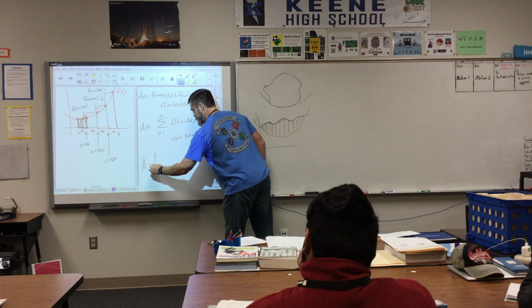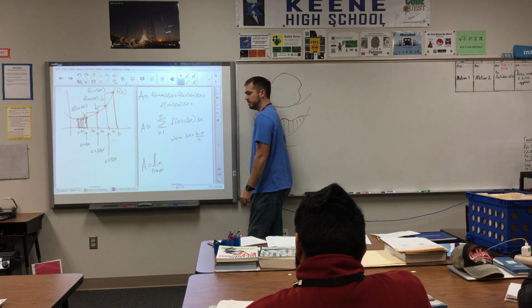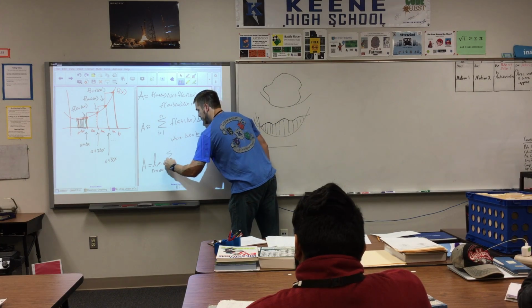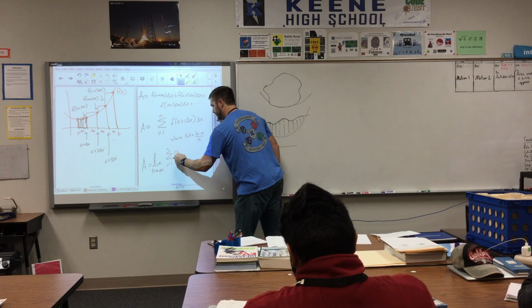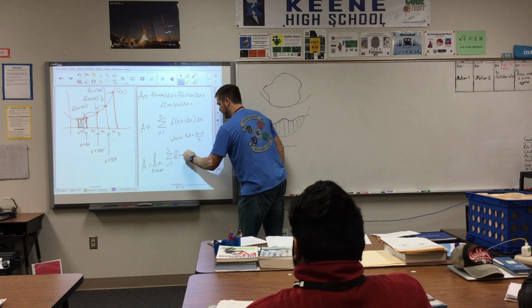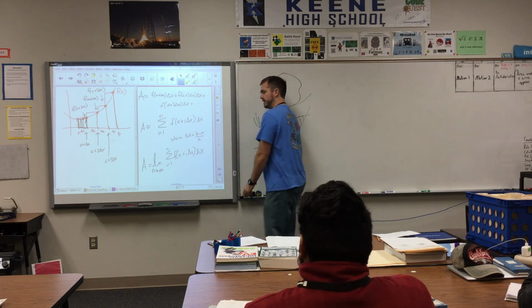So what we would do is we would say the limit as the number of rectangles approaches infinity of the summation from i equals 1 to n of f of a plus i delta x times delta x.